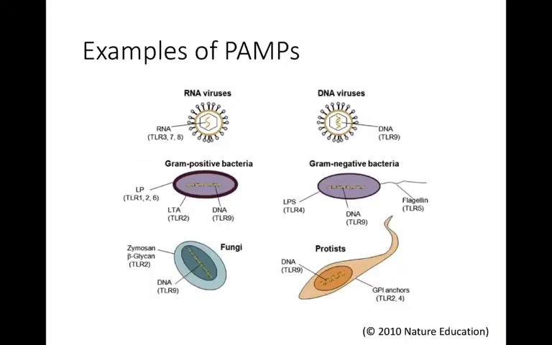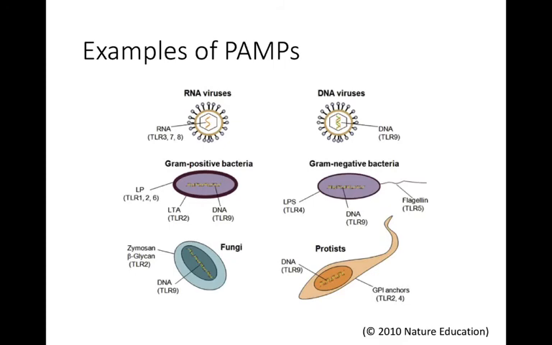Here are just a few specific examples of pathogen-associated molecular patterns that we might find in viruses, bacteria, pathogenic fungi, or pathogenic protists as well. And what you see is mostly abbreviations here, LPS being the lipopolysaccharide on gram-negatives, LTA being lipoteichoic acid on gram-positive bacteria, and then beneath these you can see as well the particular toll-like receptor that recognizes each of these various pathogen-associated molecular patterns.